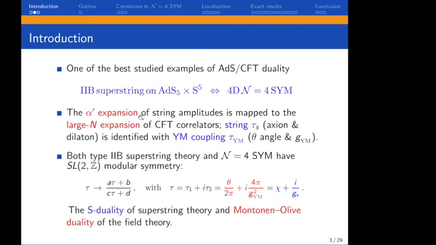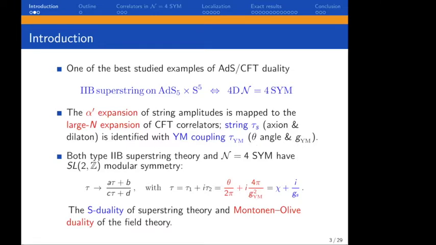In particular, alpha prime goes like 1 over square root of N. The string coupling, the complex scalar whose expectation value is built out of the axion and the dilaton, is identified with the complexified Yang-Mills coupling, which contains the theta angle and the Yang-Mills coupling g.